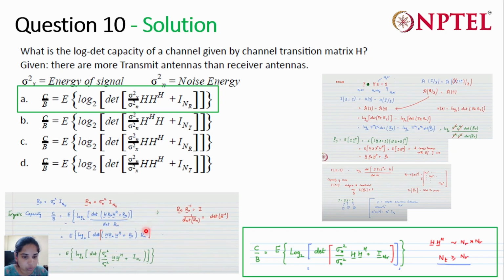Now Rn can be taken to the numerator, and if we split the terms, we get expectation of log to the base 2 of determinant of sigma x square by sigma n square into H H Hermitian plus the identity matrix of dimension NR. So the answer is option A.